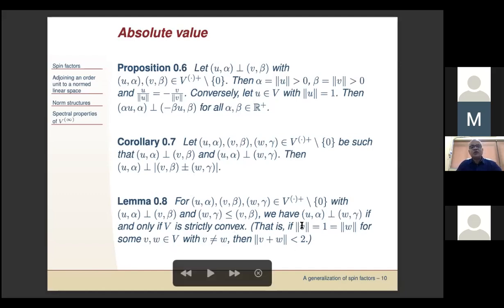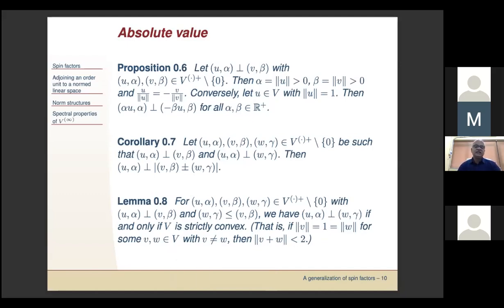And what is strict convexity? Let's quickly recall that if we take two unit vectors V and W in V, V not equal to W, the norm of V plus W must be strictly less than 2.